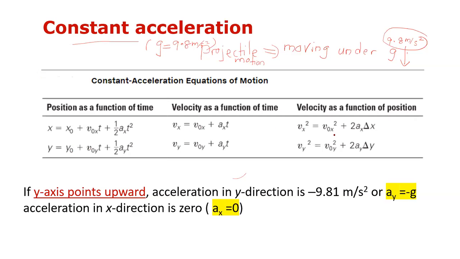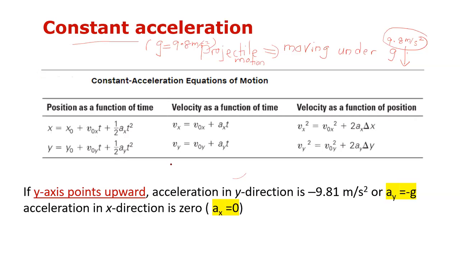If you know what Vx, V0x, Vy, V0y are, you should be good. Nothing new. We are going to apply these for the x direction and y direction separately. Remember, x stands for position. What do we mean by x naught? Initial position, initial x direction velocity, initial y direction velocity, x direction acceleration, y direction acceleration.